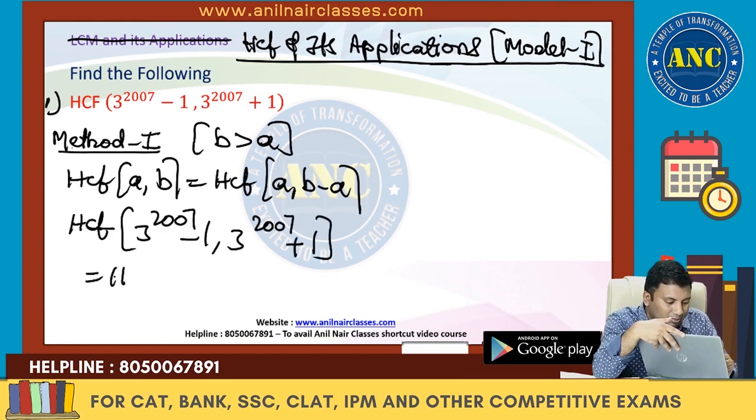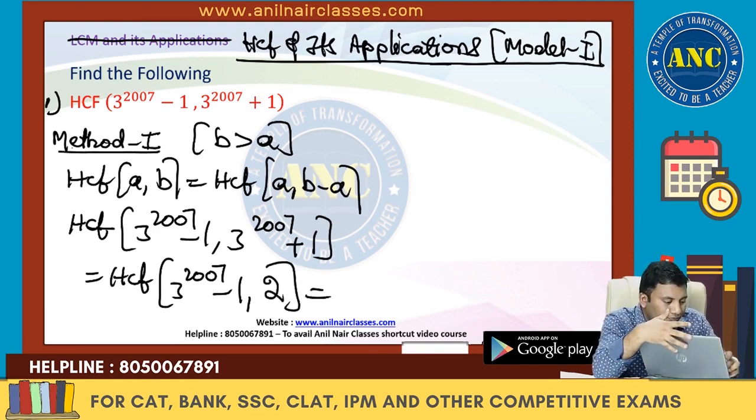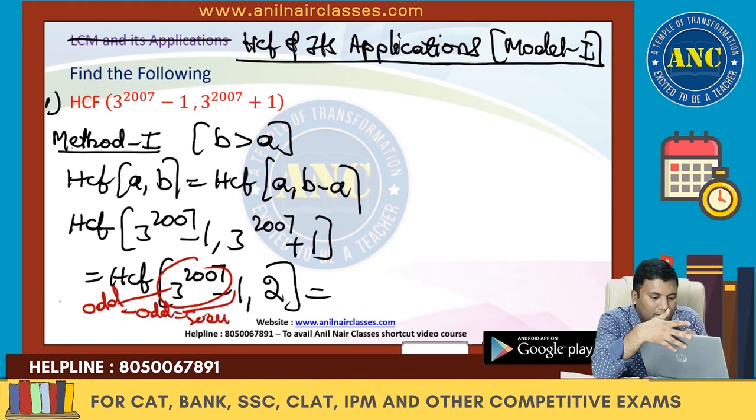It is nothing but HCF of 3 power 2007 minus 1, comma 3 power 2007 plus 1 minus 3 power 2007 minus 1, which is 2. Already we discussed, right? 3 power 2007 is an odd number, 1 is also an odd number, and odd minus odd is an even number.